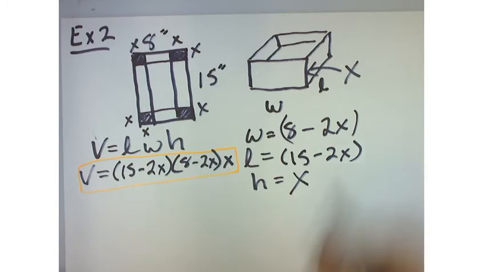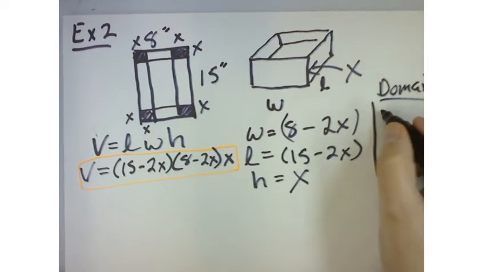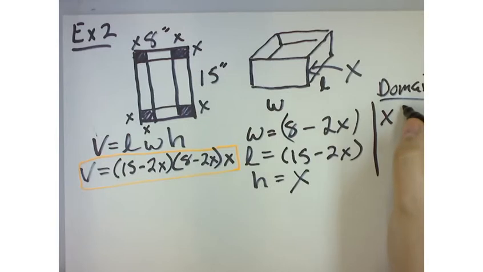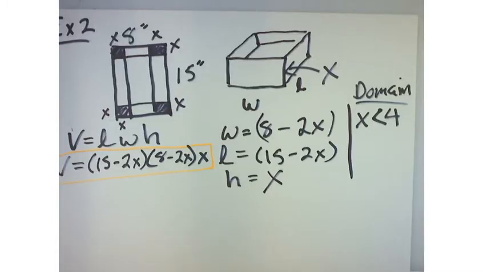Well, I'll tell you what the domain is, and then you tell me how I came up with that answer. Why did I say that the domain x has to be less than 4?